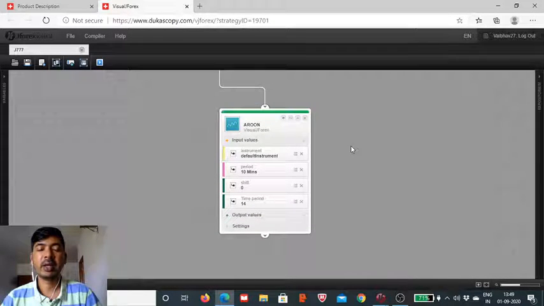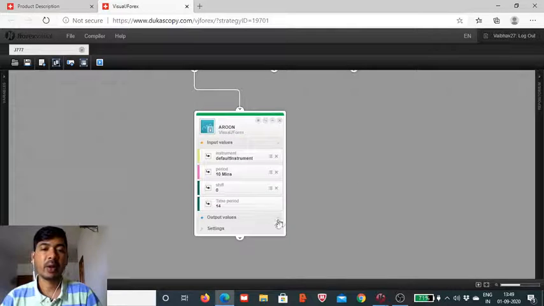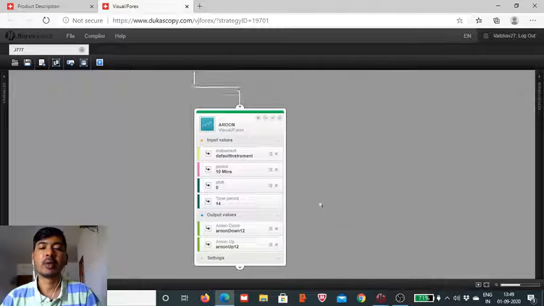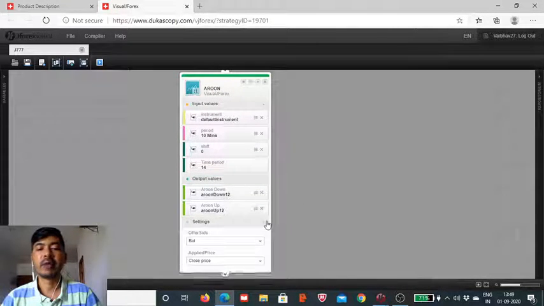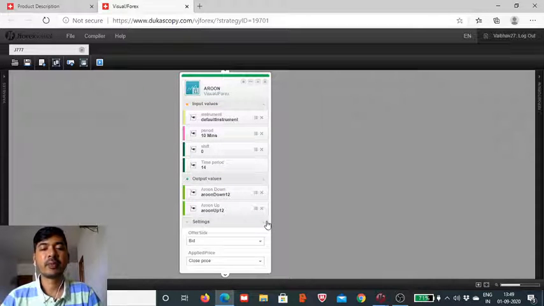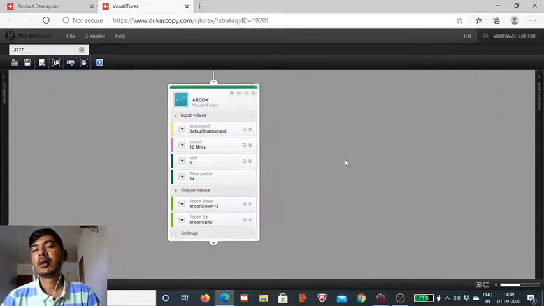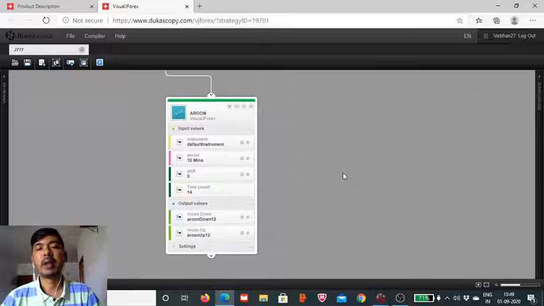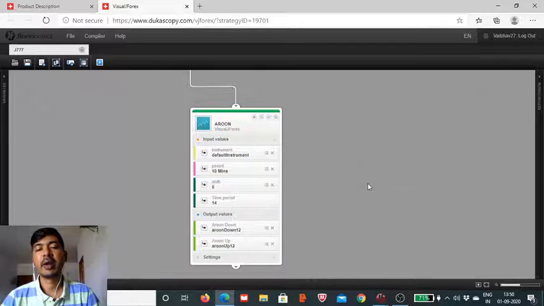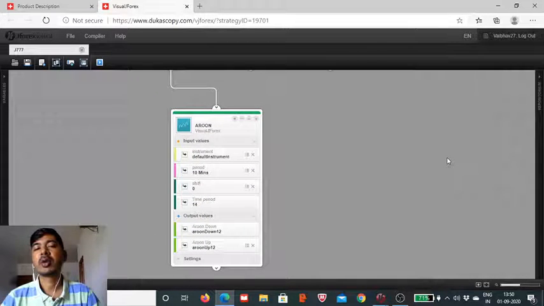Then we have to define the input parameters. Depending on the input parameters, we will get the output values, and we also have to define these settings, the price, the side, and the applied price, to arrive at proper output values which are usable in the given context.